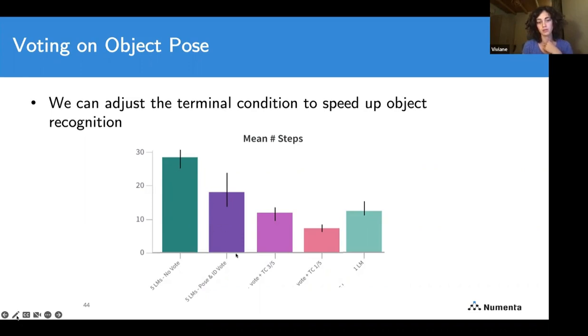The purple one is 5 learning modules with pose and ID voting, but all the learning modules need to narrow down to one object and one location and rotation. And then the pink and the lighter pink are either 3 out of 5 need to come to a conclusion, or 1 out of 5 needs to come to a conclusion. That's actually also a lot faster than just using one learning module.